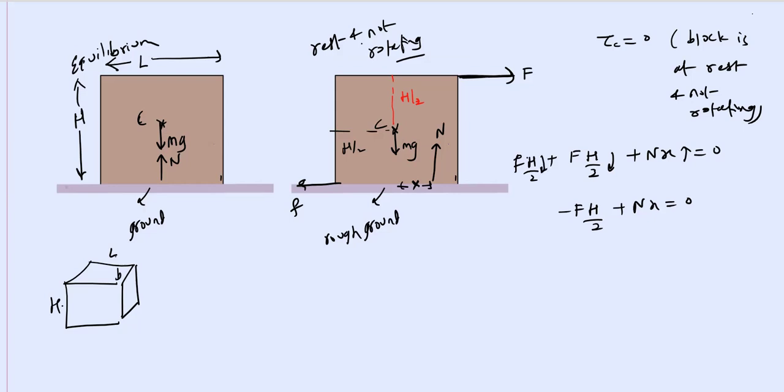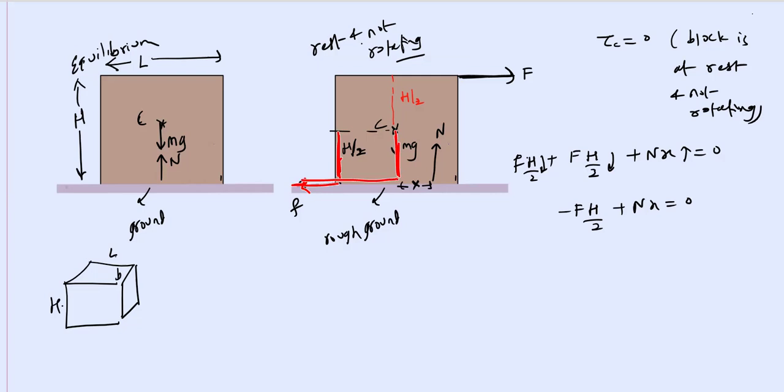So here, try to see this one. The torque due to friction, this R bar, this F bar. This also will be clockwise. Then how much is it equal to? It is equal to F into h by 2, this distance. This is the friction, and this is the perpendicular distance from the axis.